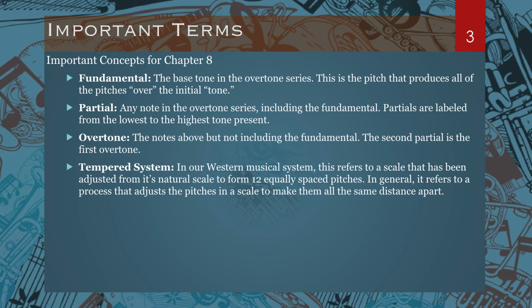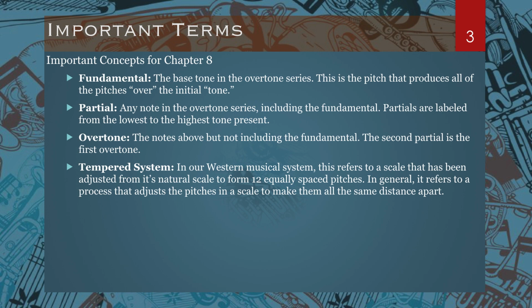Now, a partial and an overtone are really the same thing except for one small distinction. A partial is any note in the overtone series, including the fundamental. So the fundamental is also a partial. They are labeled from the lowest to the highest tone present. An overtone is also any note in the overtone series, but it does not include the fundamental because they're tones over another tone.